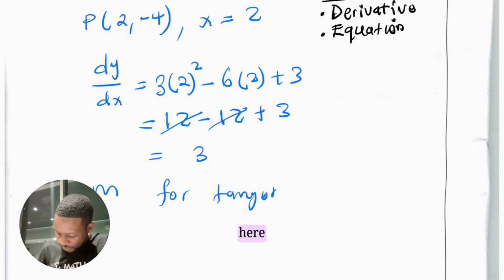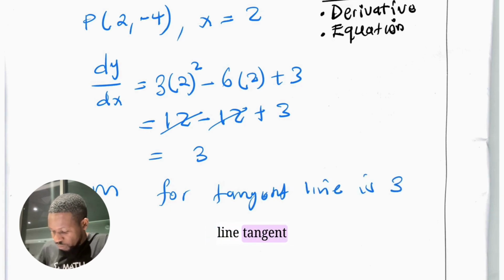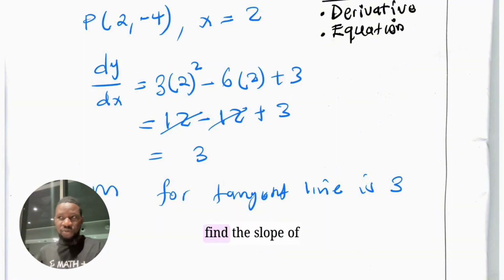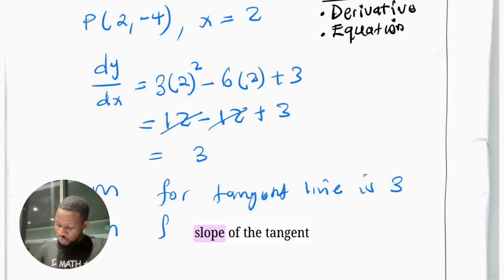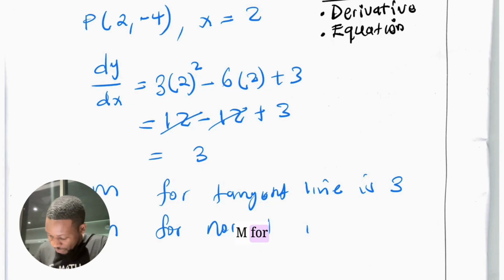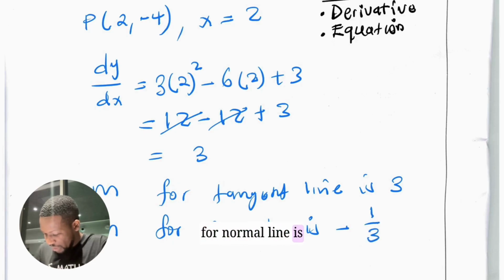So m for the tangent line is 3. Okay? Now remember, if you have the slope of a tangent, to find the slope of the normal, you just take the reciprocal of the slope of the tangent and take the negative, right? So m for the normal line is just the negative reciprocal of the tangent's slope.